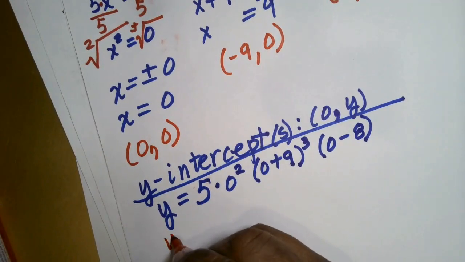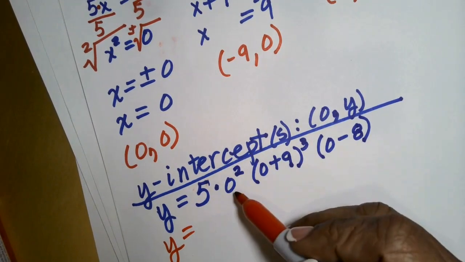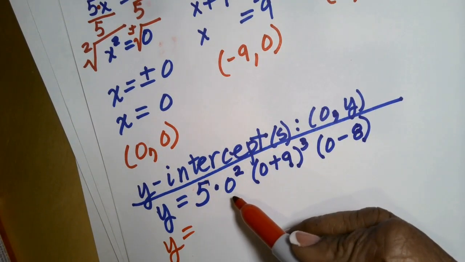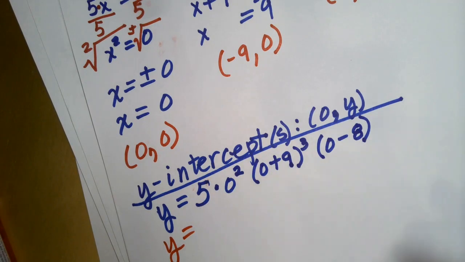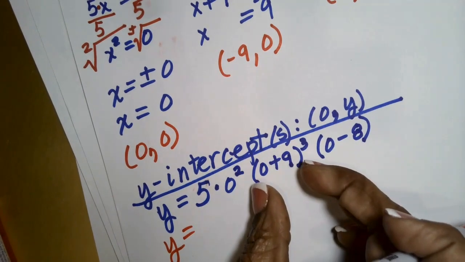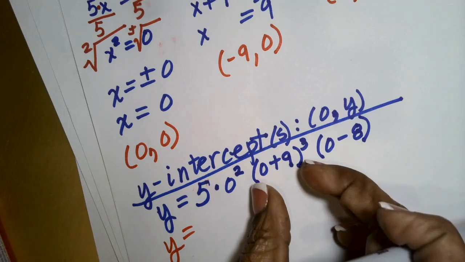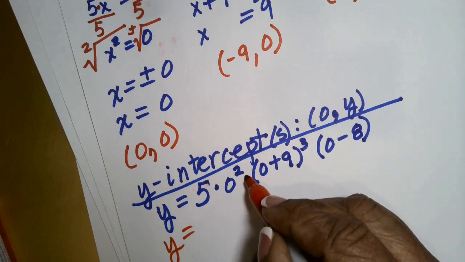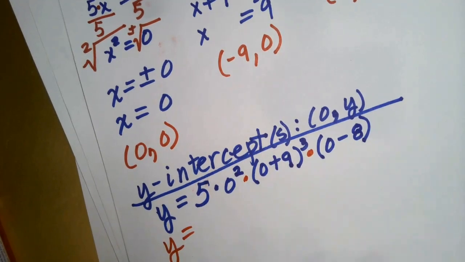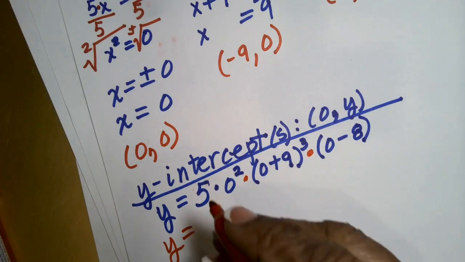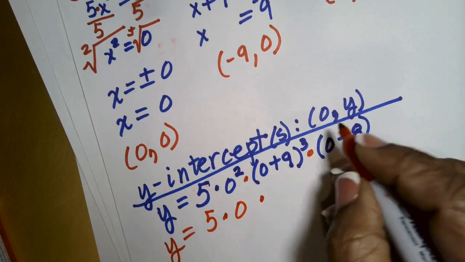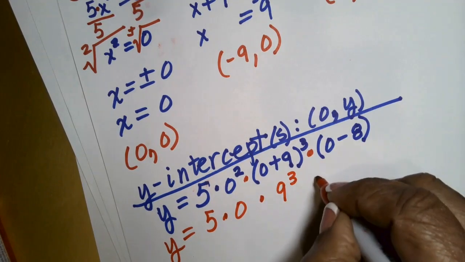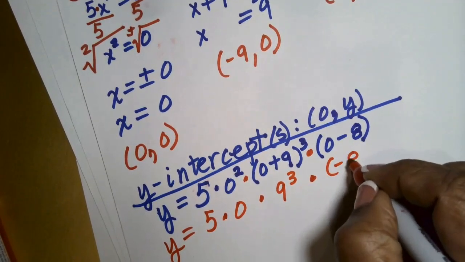So y equals 0 squared is 0. 0 times 5 is 0. 0 times this quantity, whatever it is, is going to be 0. So since one of these factors is 0, it's going to zero everything out. If you have to see it, we can write another step. 5 times 0 times 9 cubed times negative 8.